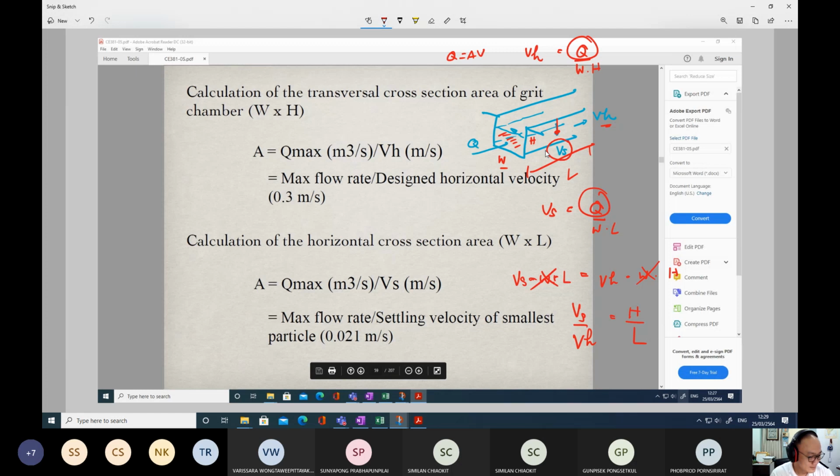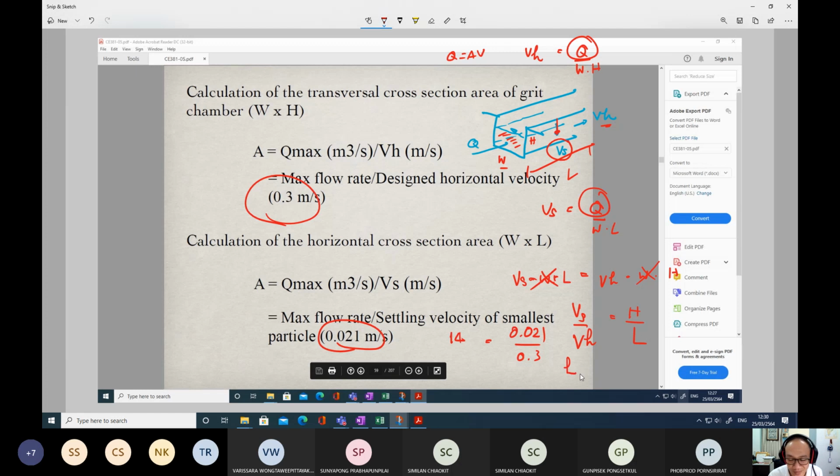Okay. And then the settling velocity is always 0.021. Horizontal velocity we usually maintain at 0.3. So we will get the ratio, it's about 14.